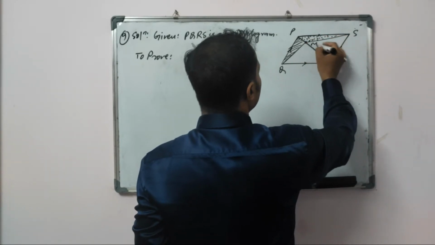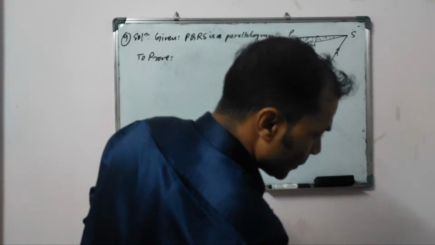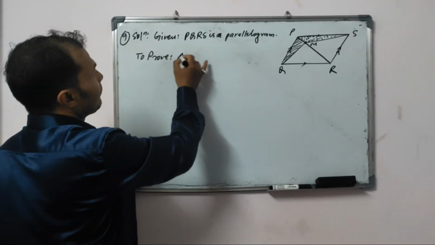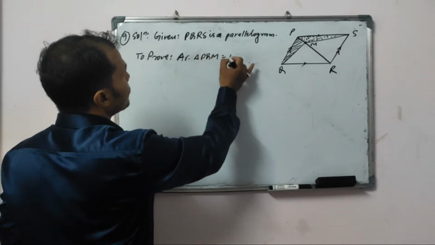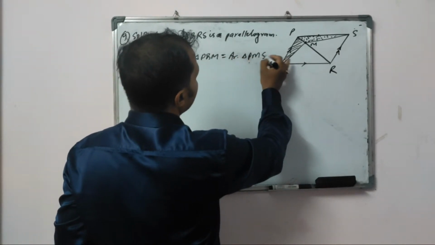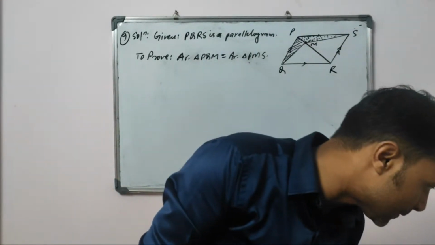Okay, this is to prove. To prove: area of triangle PQM equals to area of triangle PMS. Alright guys, think how to solve this.